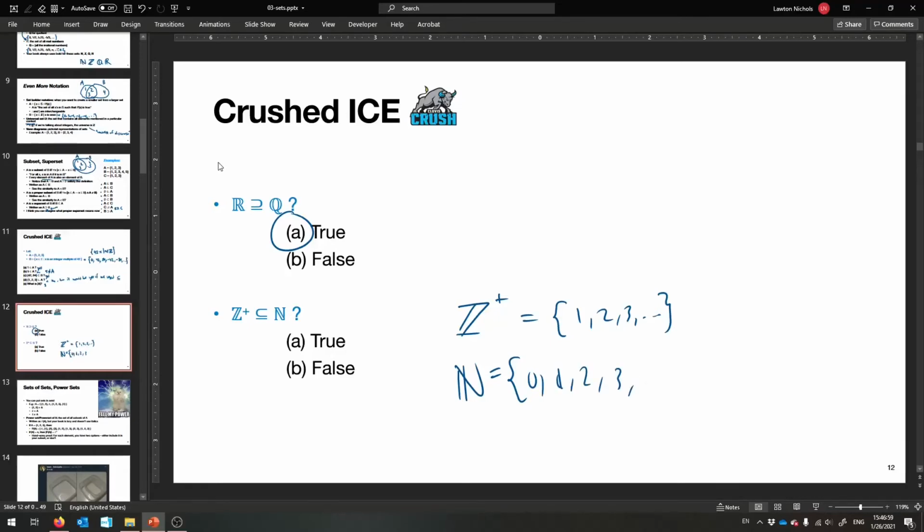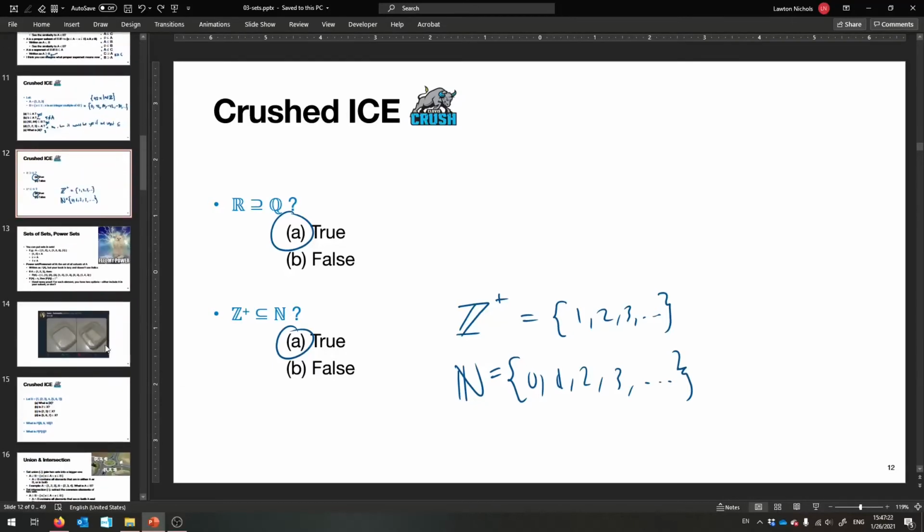And so yes, it is a subset because there's the 1, there's the 2, there's the 3, and it all matches up, even though it's an infinite set. So don't be scared. Even if it's infinite, it still works out. So that's true in that case, a nice little example, I think.